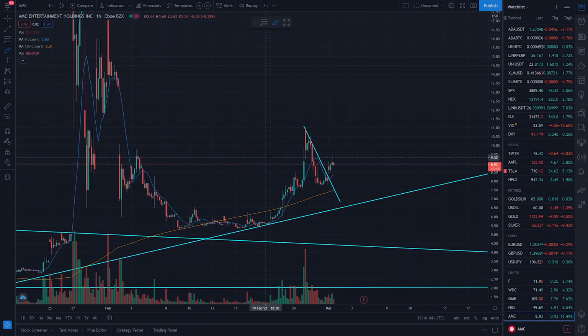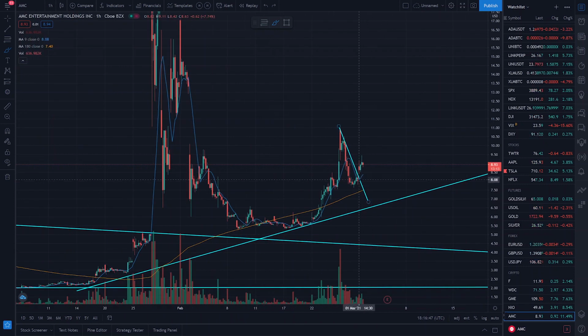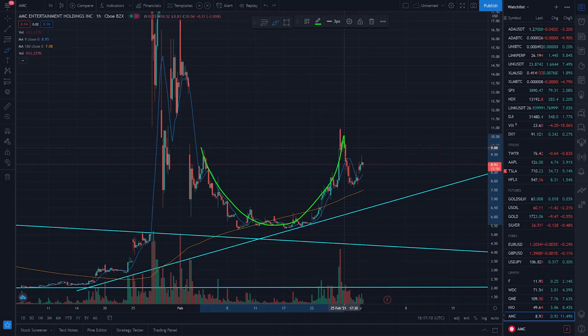The one thing I wanted to talk about is a lot of people had mentioned in the comments about a cup and handle, and I'd kind of missed that. If you look right here, here's the cup, and it looks like we are forming the handle, but at the point of my video, I don't think we had really formed a handle yet.